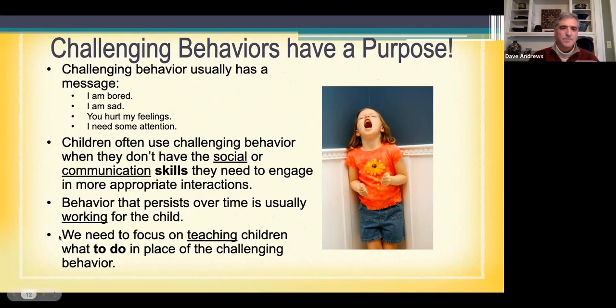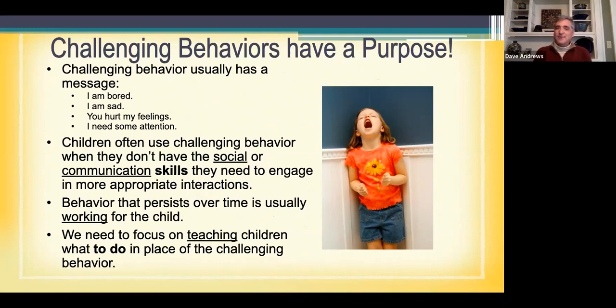And the other thing that Kevin already said is that if you see the same thing over and over, it's working for them. So the behavior that persists over time is working for the child. So what we really need to do is focus on teaching the child what to do in place of the challenging behavior.